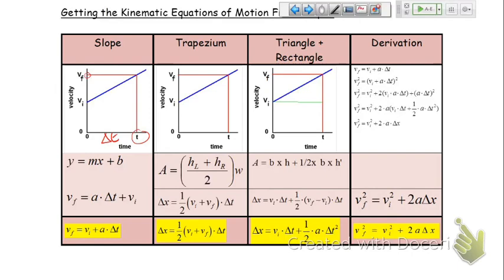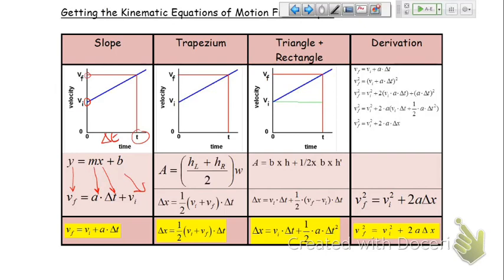This value of y is v final, my slope is my acceleration, and my x is my amount of time, the duration. And my y-axis intercept is vi. So I got Vf equals Vi plus A delta t, and that's a very famous kinematic equation. Well, that was kind of cool.